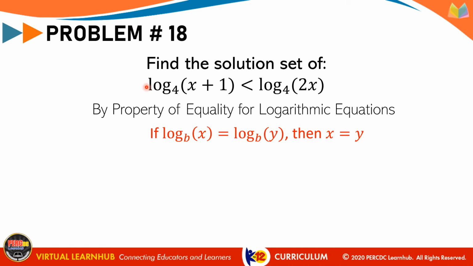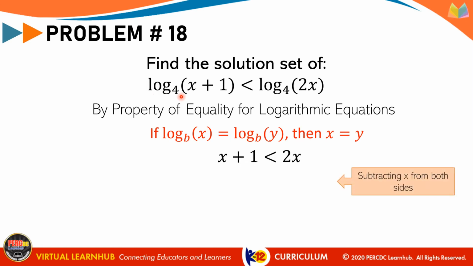Like in our problem. Therefore, applying this property to our equation or inequality, that will give us x plus 1 is less than 2x. We can observe that both logarithms are expressed with base 4. Subtracting x from both sides, we will have x plus 1 minus x is less than 2x minus x.